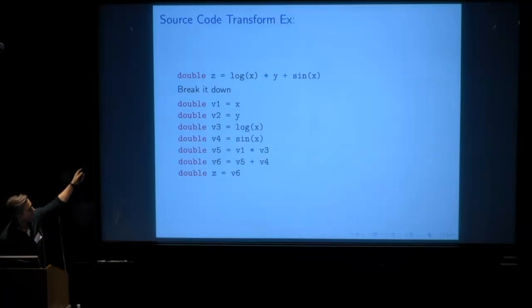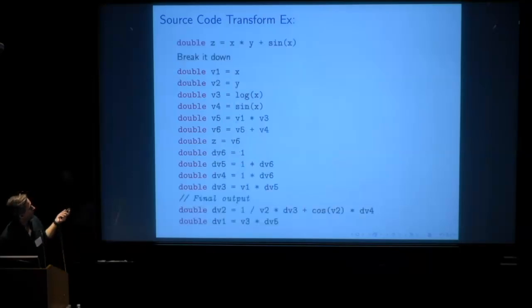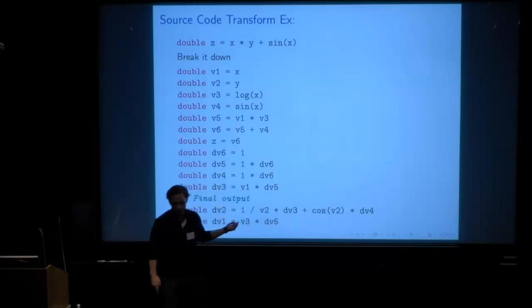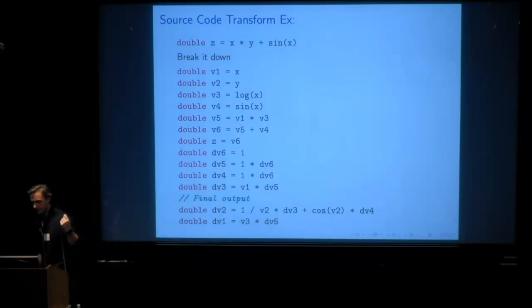It would write out v1 through v6, and then assign our final value to get back z. It would then start writing out the reverse pass as well. You can see it starts at dv6, setting it to 1, going down through dv5, dv4, dv3, doing essentially exactly what we did. Oh, I have a typo on one of these, you can ignore that. This is just an example. And then finally, we get back to dv2 and dv1, where we're doing our full accumulation of all our past derivative values.